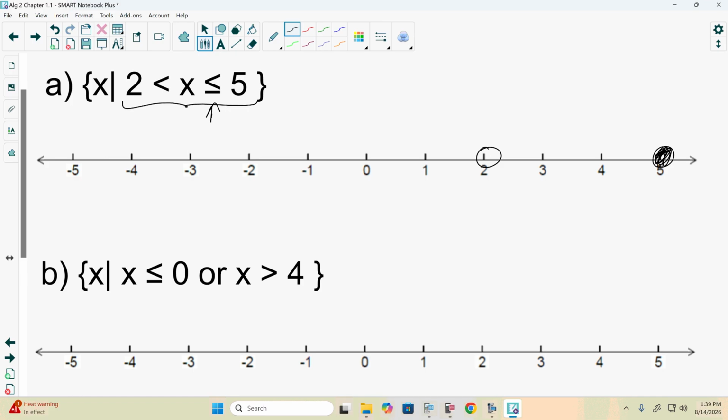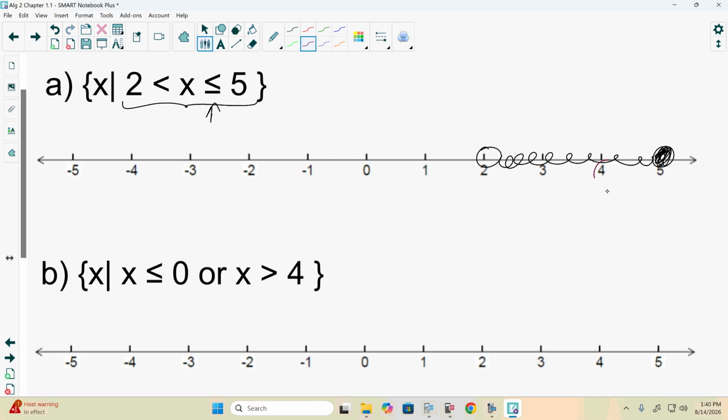No. Now we need to figure out where we need to shade, yes? Where would we shade? Between the two, yes? And that's it. If we're not sure where to shade, we can always use something called test points, test numbers.